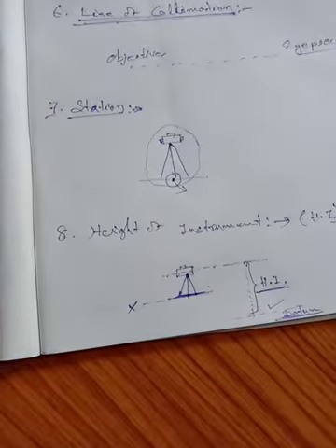You already learned what a datum is. So the height of this instrument from the datum level is termed as HI, height of instrument. Not from the ground level, always remember, it is from the datum level.